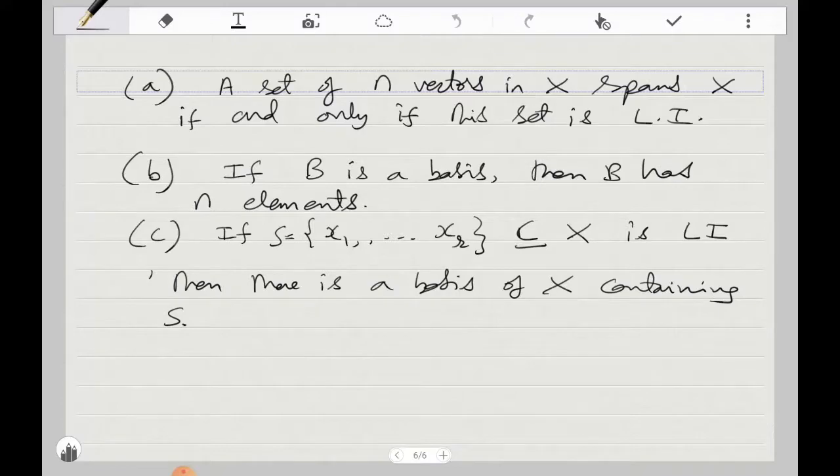So let's move on to linear transformations. So the next thing is linear transformations.